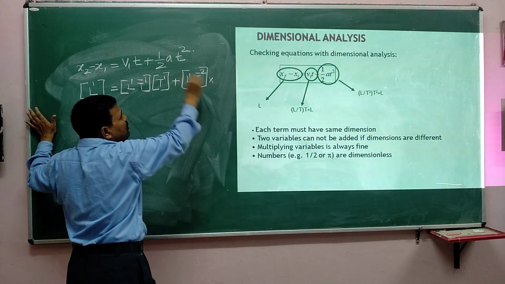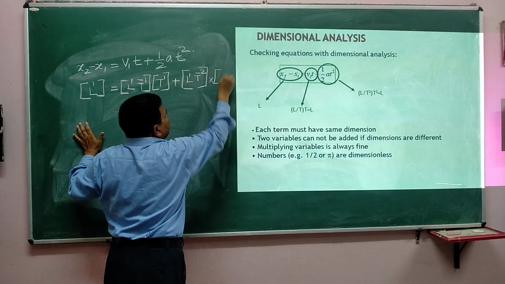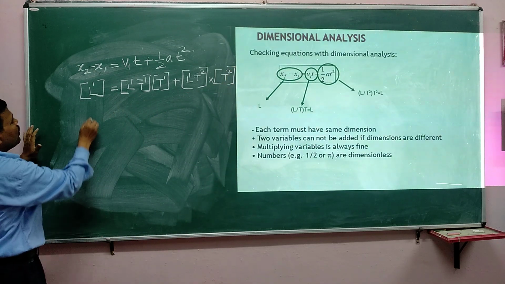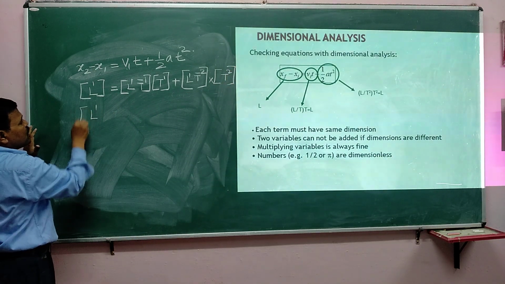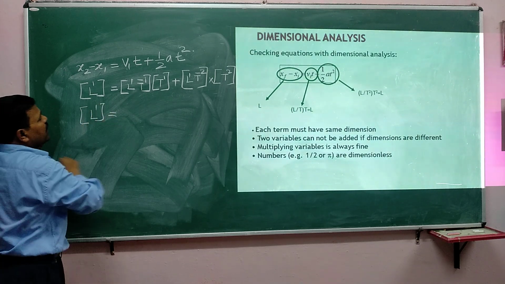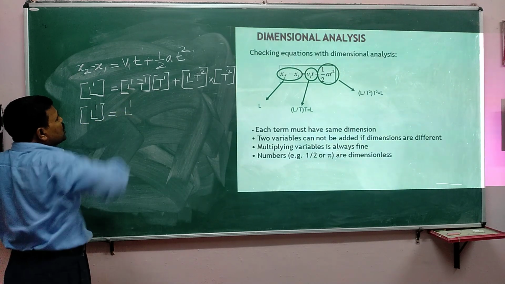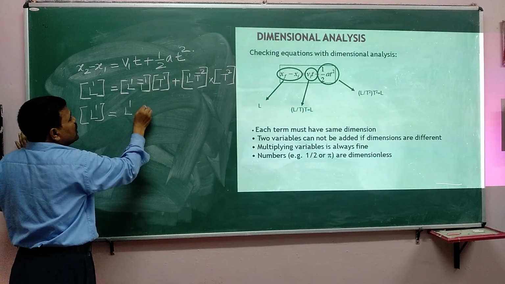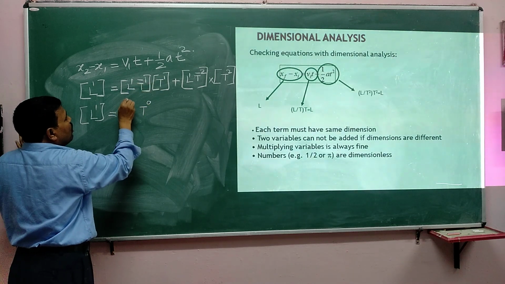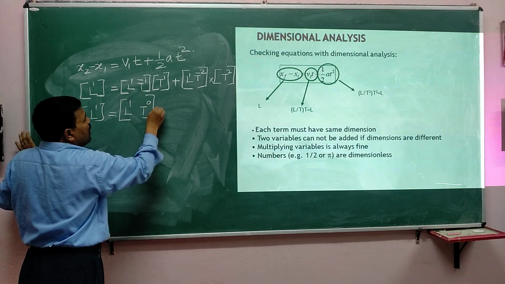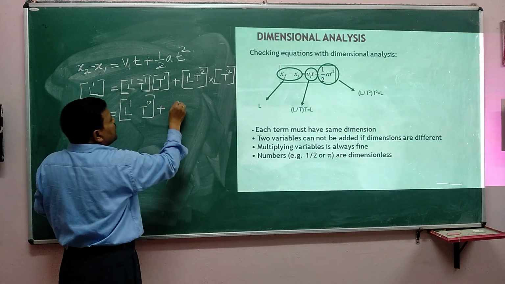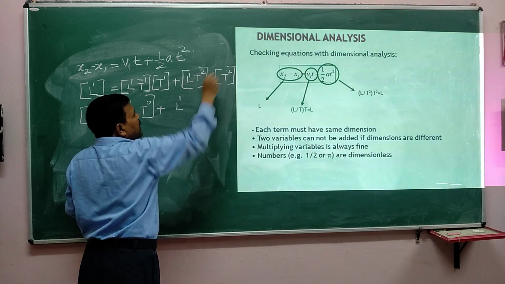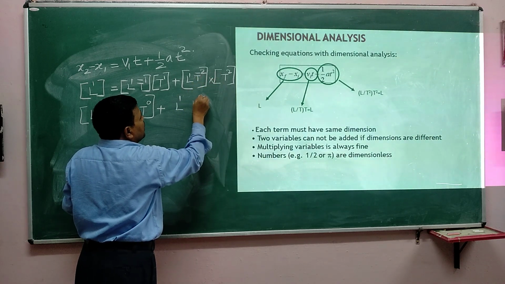And the dimensional formula of time square is T raised to 2. Now, this is L raised to 1. Here L raised to 1, T raised to minus 1 plus 1 becomes T raised to 0, plus here L raised to 1, T raised to minus 2 plus 2 becomes T raised to 0.